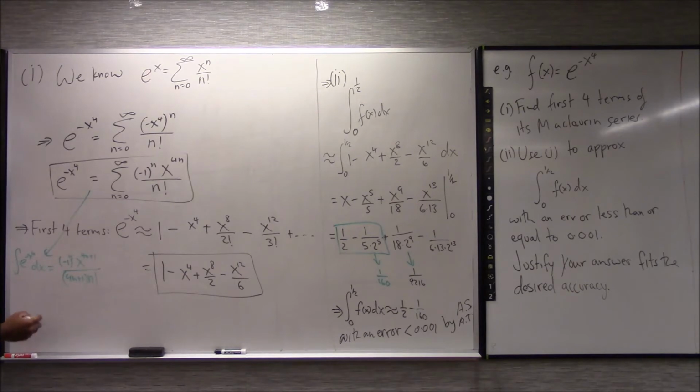And if you evaluate that between 0 and 1/2, you're going to get minus 1 to the n over 2 to the 4n plus 1 times 4n plus 1 times n factorial, and you just set that less than the error that you want and solve for n.